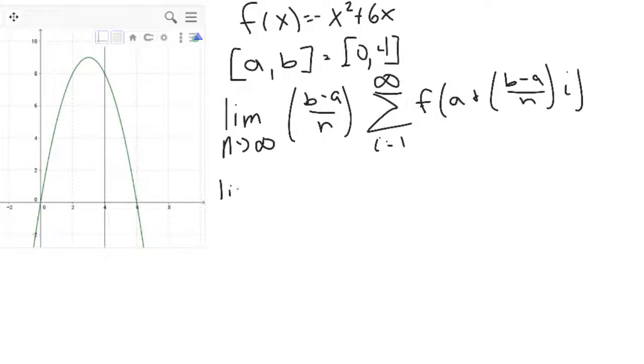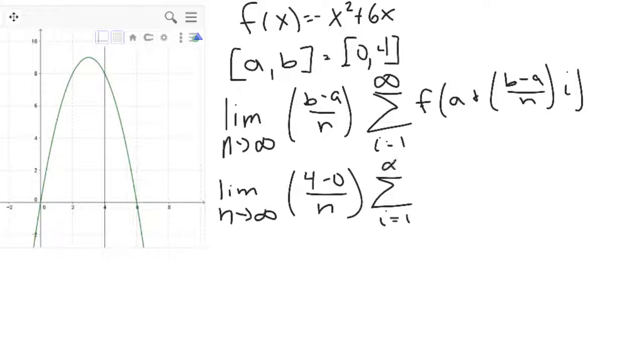So we're looking at the limit as n approaches infinity of, let's substitute numbers in for our variables. Remember, b is 4, a is 0, so 4 minus 0 over n times the summation from i equals 1 to infinity of f of 0 plus 4 minus 0 over n times i. Now I've substituted variables. I'm going to simplify. 4 minus 0 is 4.